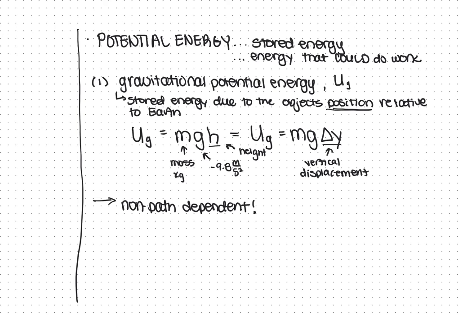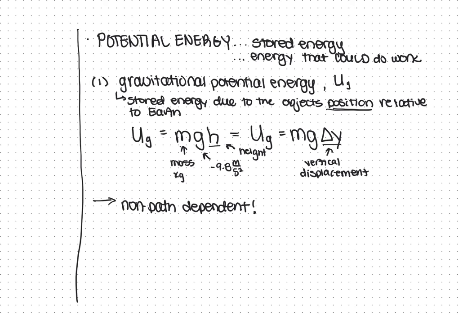If you're on the 5th floor, your potential energy is the same. So how you put it in has no bearing on how much you have, because the only variables we care about are the object itself, a constant due to the planet, and its height above Earth. It has nothing to do with the distance you covered to get there, right? So you could do it the easy way, you could do it the hard way.